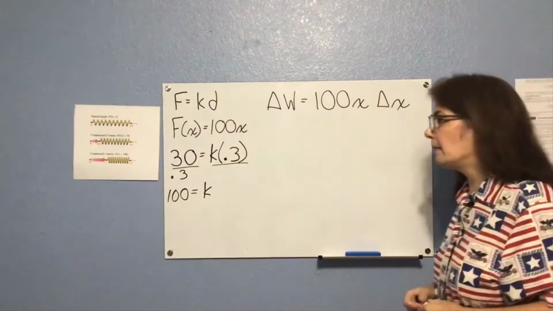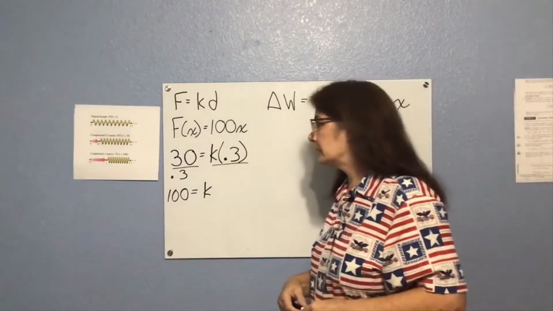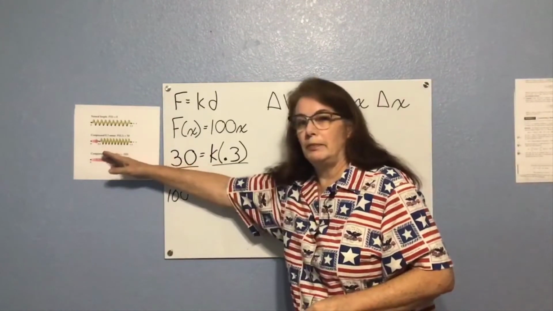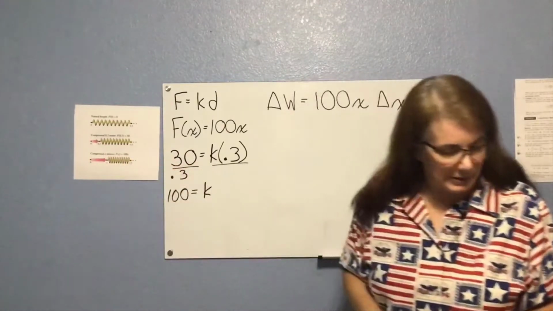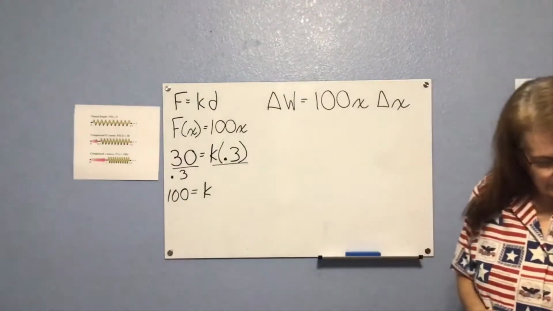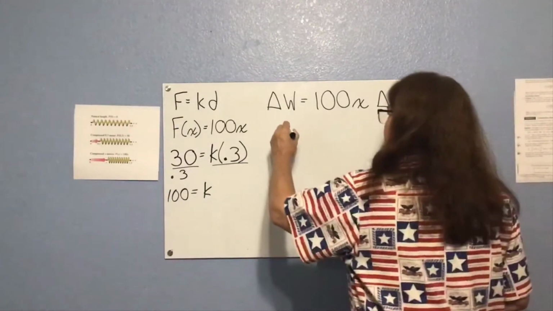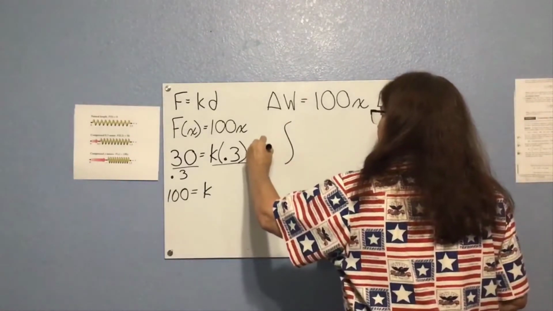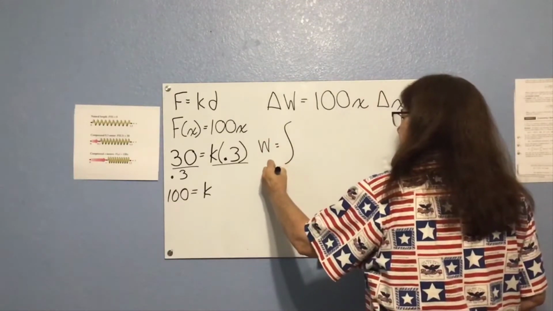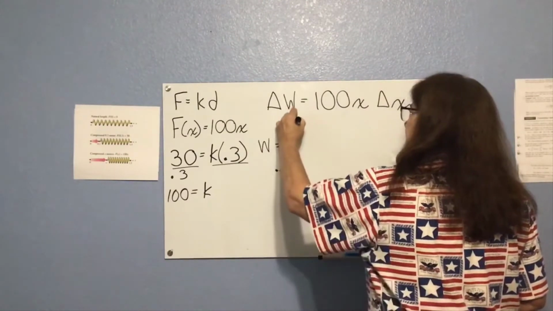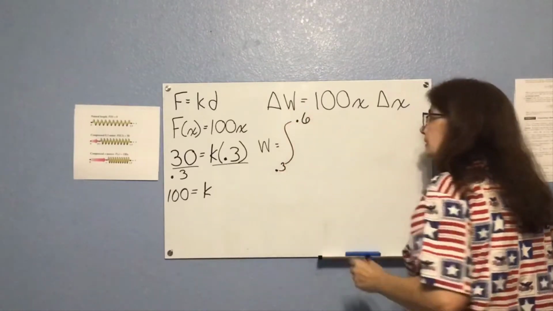Okay, in this problem, the spring was compressed from 0.3 meters to 0.6 meters. So this is our equation. The work is equal to the integral from 0.3 to 0.6.